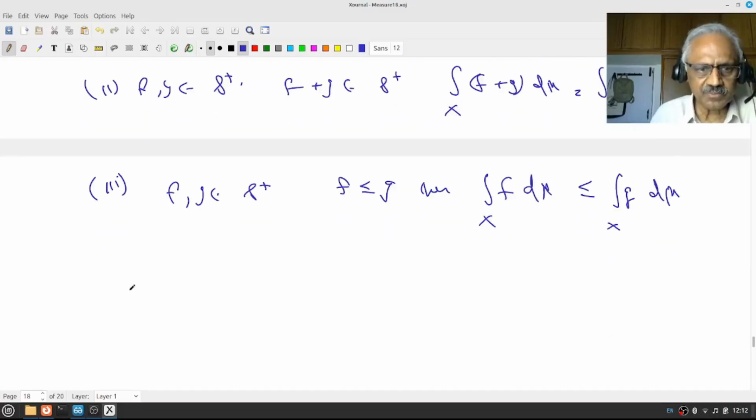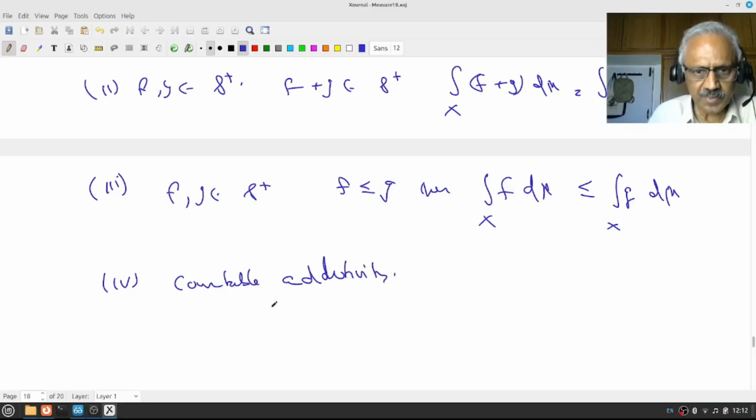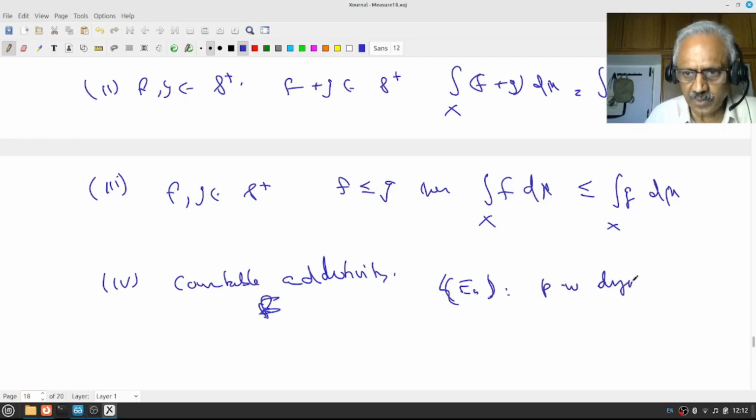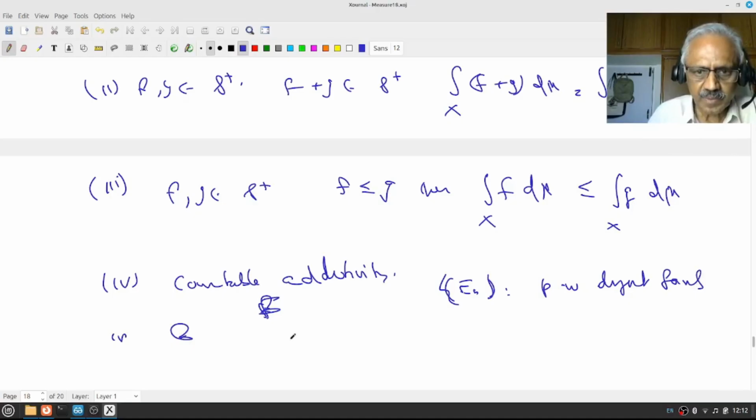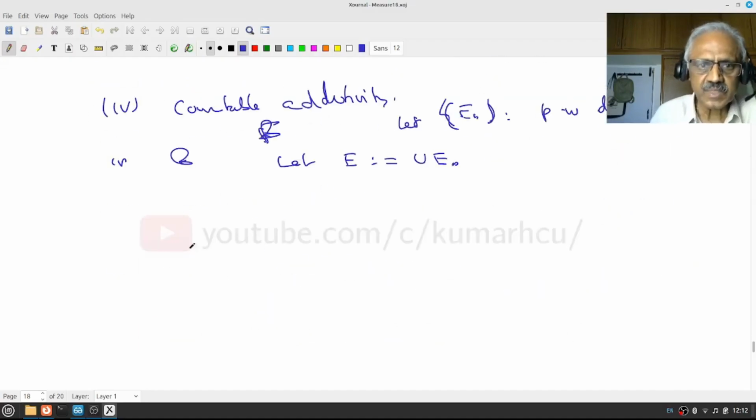And the fourth one is something very fantastic. It's countable additivity. What does that mean? If the E_n's are a pairwise disjoint family of measurable sets, let E equal the union of E_n, and let F be a simple function.